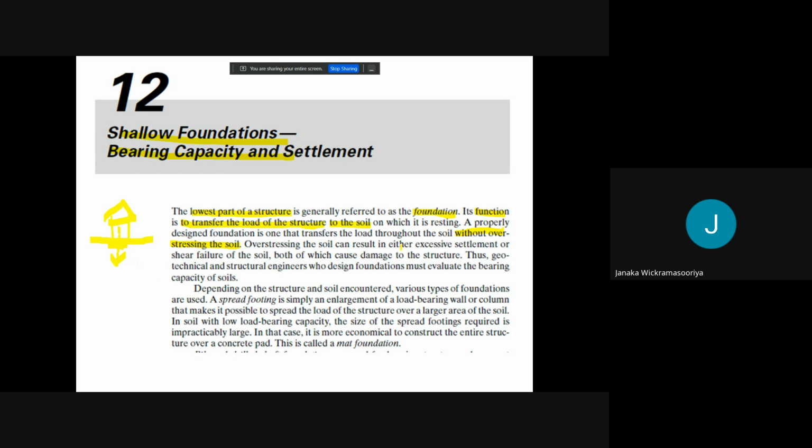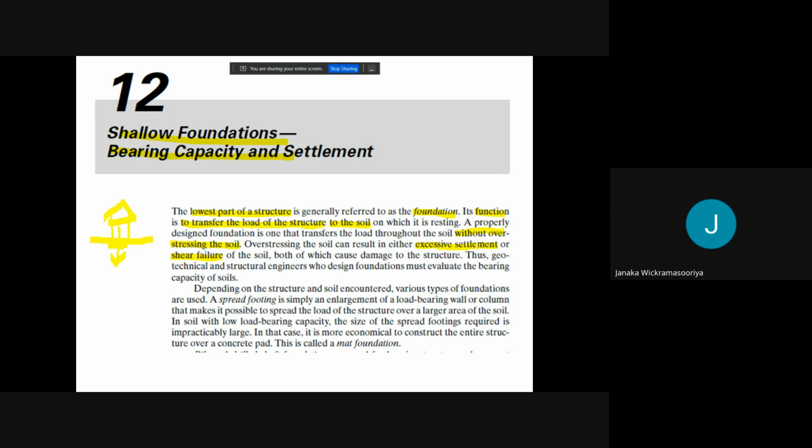Overstressing the soil can result in either excessive settlement or shear failure of the soil. Therefore, when we design it, we should be well aware of the settlements of the soil and the shear failure of the soil, both of which cause damage to the structure.